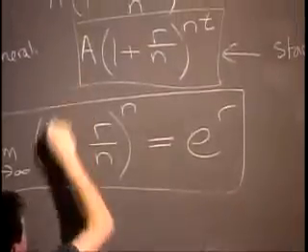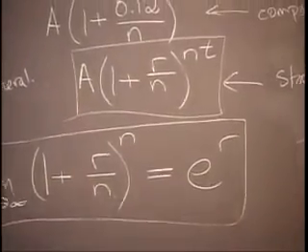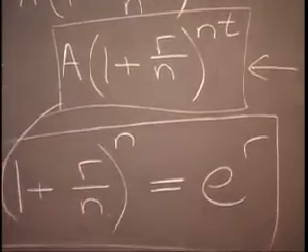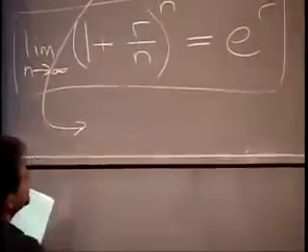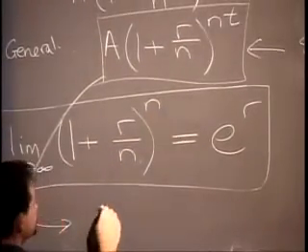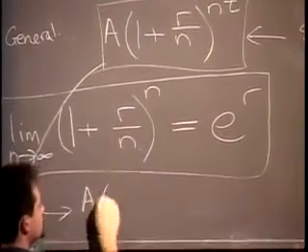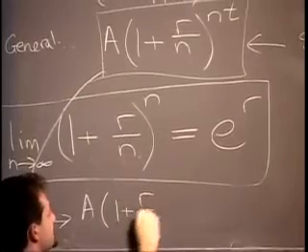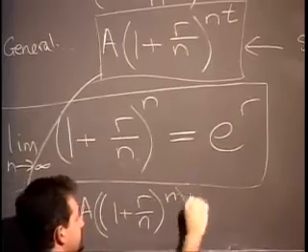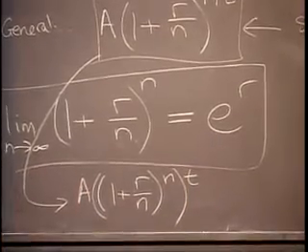So here's the deal. Take this formula here. What happens if you compound infinitely often? Well, I want you to take this formula and let n go to infinity. As n goes to infinity, A(1 + r/n)^(nt) looks like this.